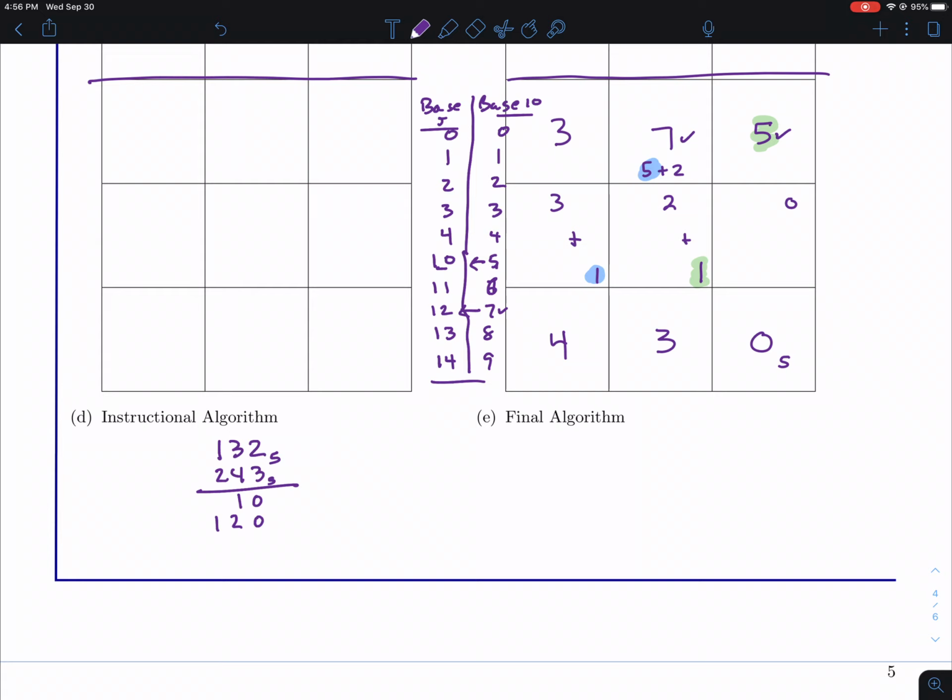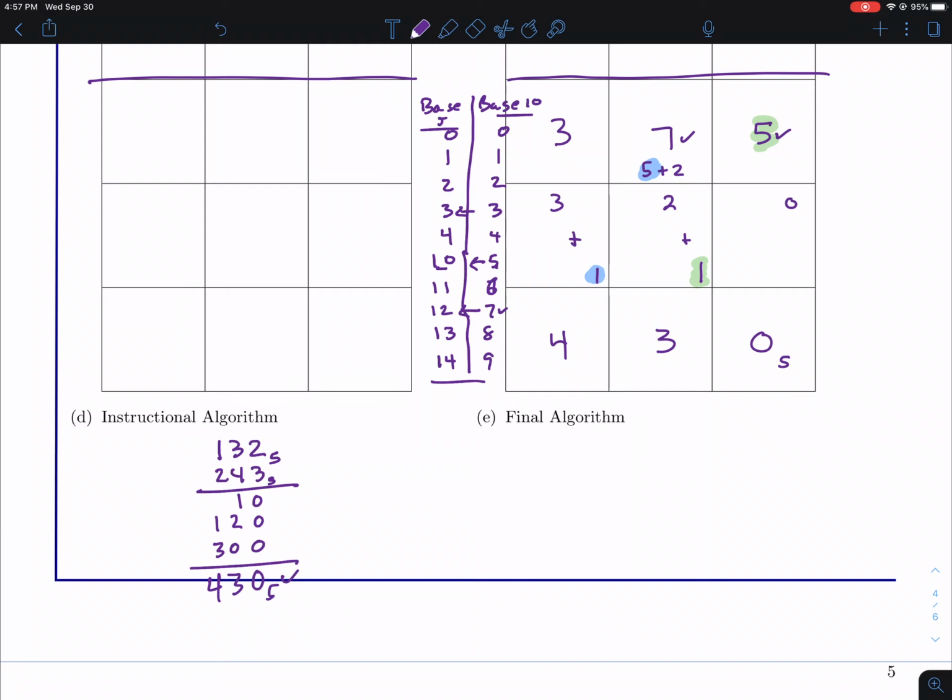Now finally I want to add up the 25s column. 2 plus 1 is 3, which is the exact same thing in base 10 or base 5, so that just gives me 300. Now I can add all these up. 0, 2 plus 1 is 3, 3 plus 1 is 4. Luckily we got the exact same answer, 430 base 5.